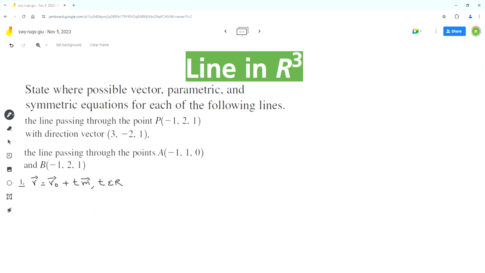Now the line passes through point P, so we can use point P for the vector r0. We are also given the direction vector of the line.